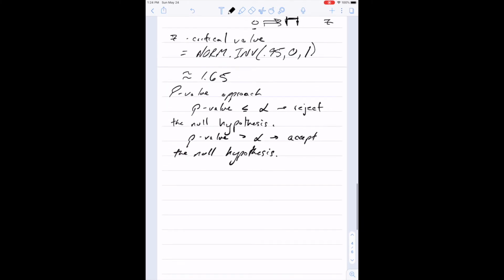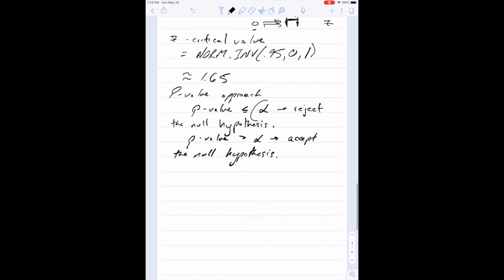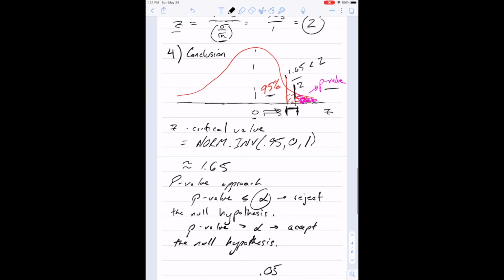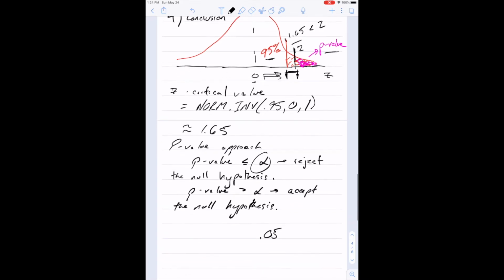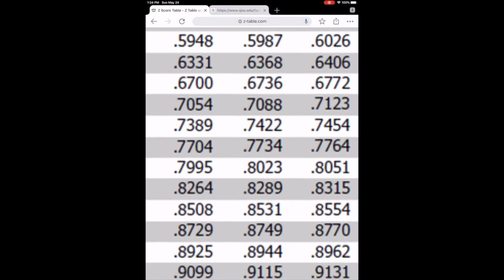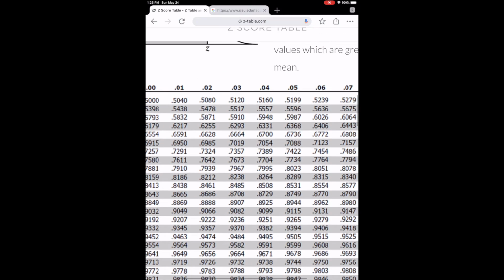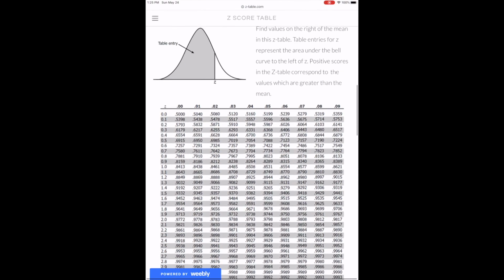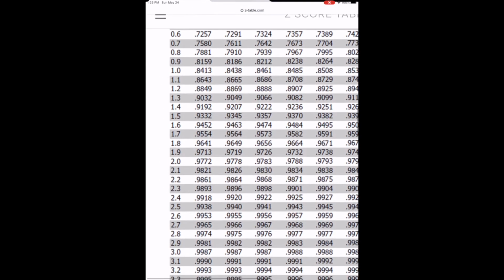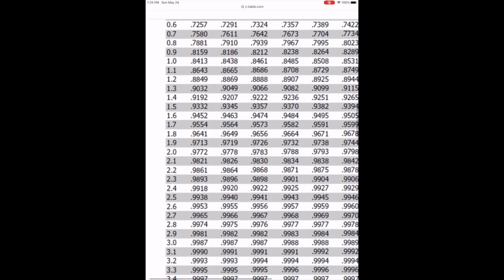So let's take a look at the number. We know alpha is 0.05. So now we need to compare that to the p-value. Well, how can we find the area to the right of 2 in a z distribution? One way is to go to our z table right here, available in many places online, find the number 2, that's our z value, but this gives us the area to the left.